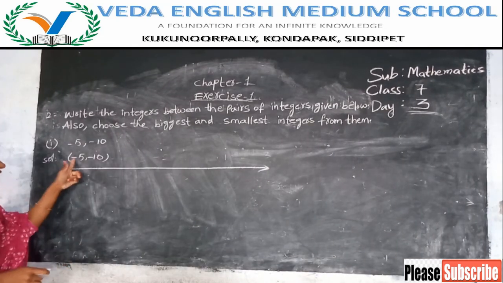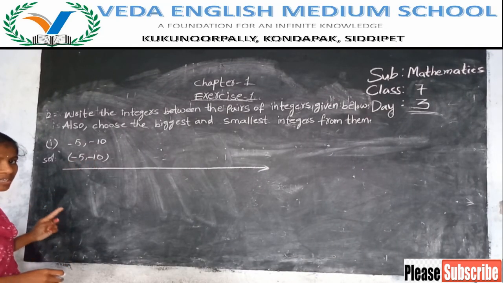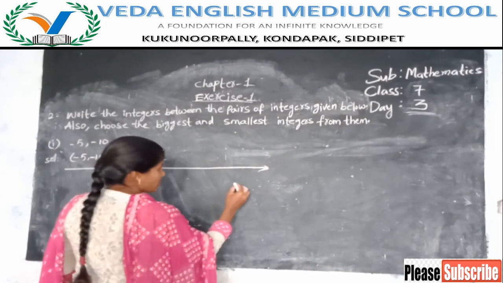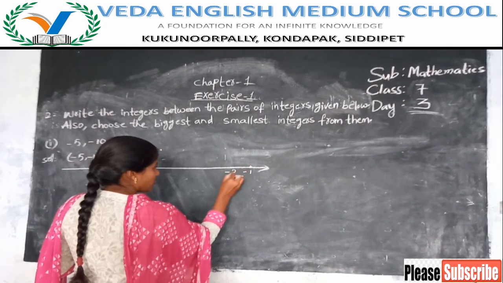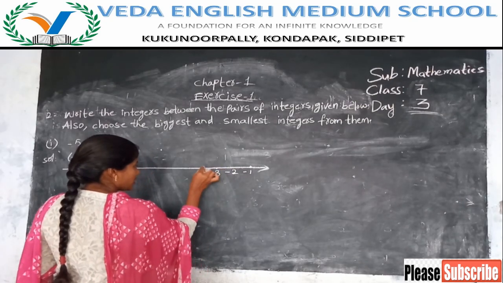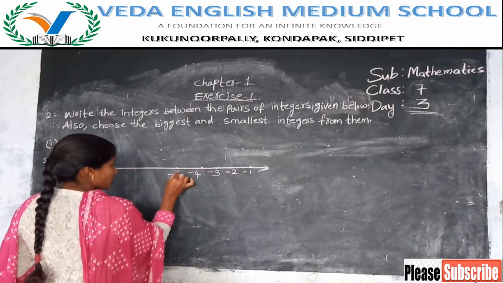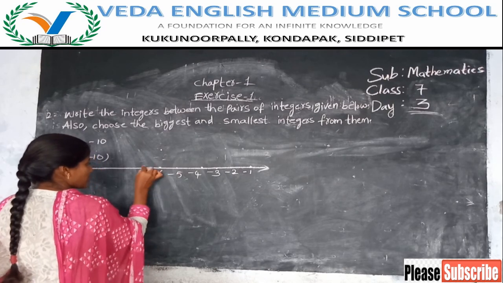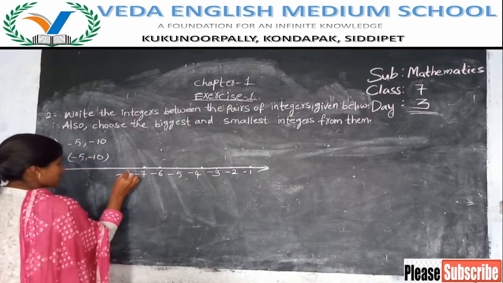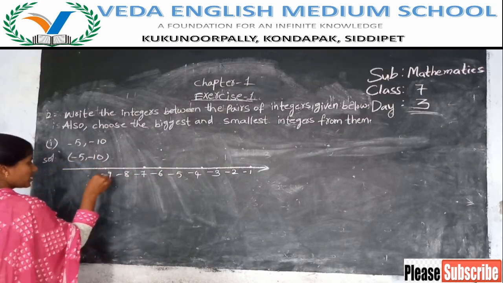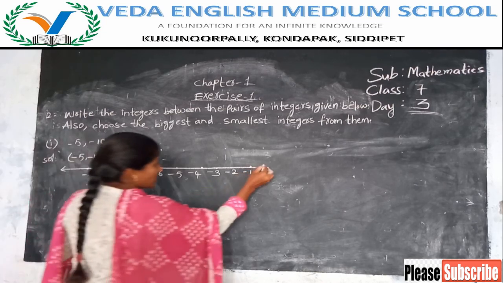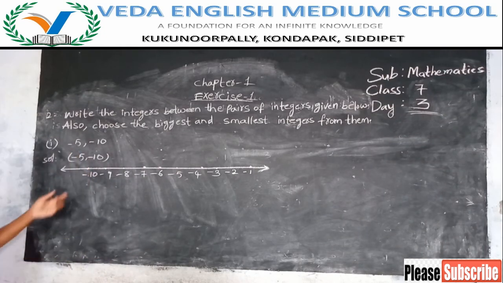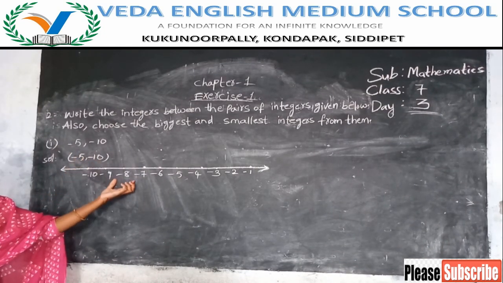From here onwards I will take -1, -2, -3, -4, -5, -6, -7, -8, -9, -10. It is the number line. Now the number line has completed.